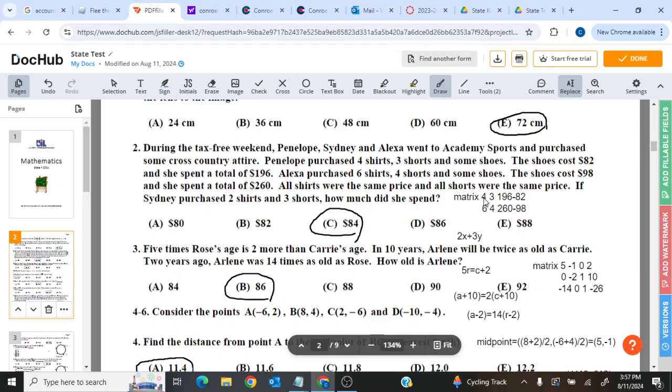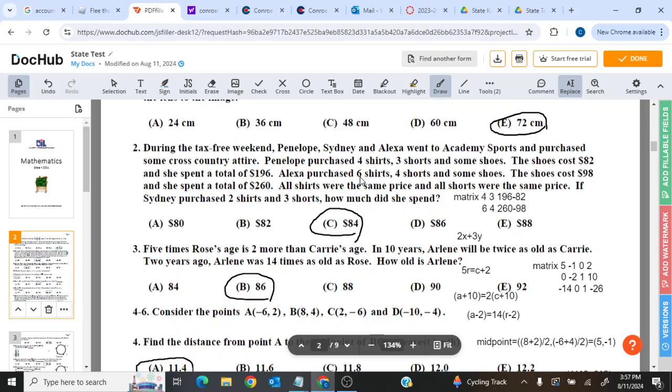Well, this is going to be a systems of equations problem. You can imagine how much are they paying on stuff that isn't shoes, basically. So they bought 4 shirts, 3 shorts, and they spent a total of 196 minus the $82 they spent on shoes on those 2 items.